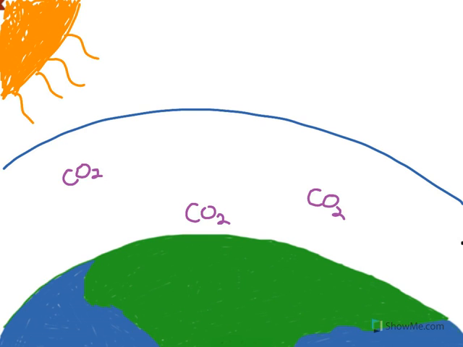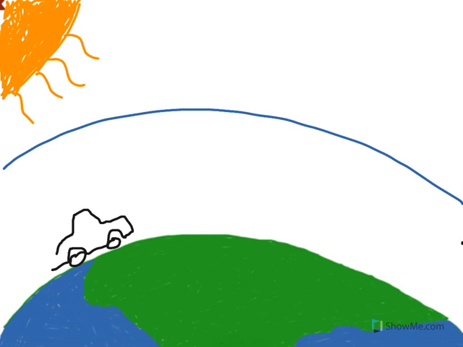So the next question might be, where does this carbon dioxide come from? How does it get into our atmosphere? And so we might start by finding out, well, one of the things that allows carbon dioxide to be in our atmosphere is that we drive cars that release carbon dioxide into the atmosphere from the fossil fuels they burn as gasoline.